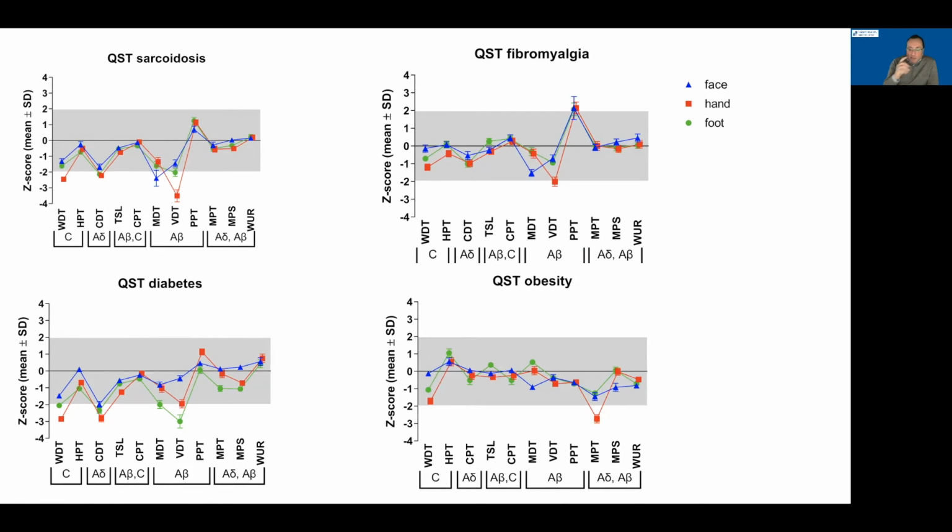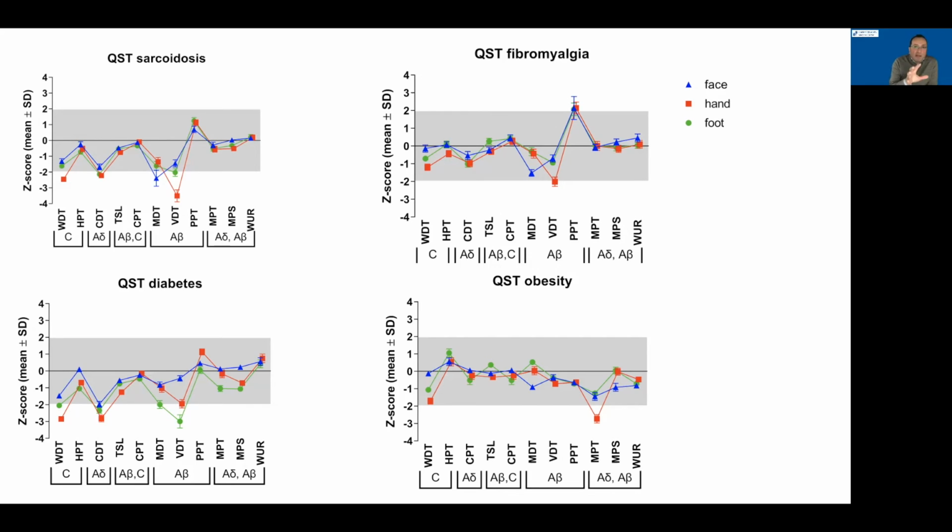Well, here I give you again the averages of this population. I added another population of patients, and this is an obesity subset of patients. We have those patients because we're very interested in pain perception in obesity. These are very obese patients with a BMI over 40, and these patients are on the waiting list for bariatric surgery. And you can see the patterns in the patients with sarcoidosis, fibromyalgia, diabetes.